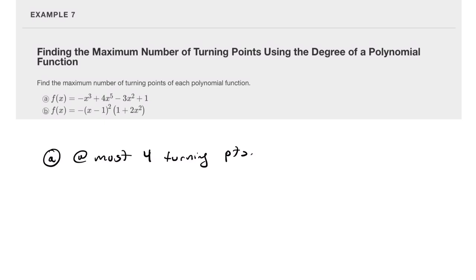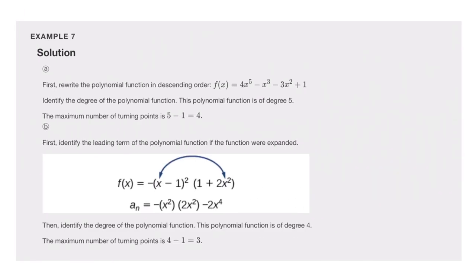If we were to expand B out, it would be what, a power of 4? So that means we have at most 3 turning points. Okay, I think we got those correct.